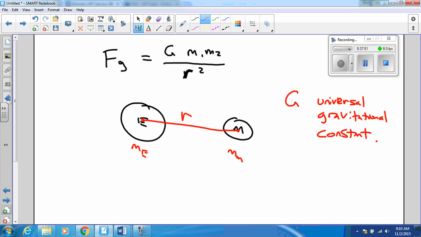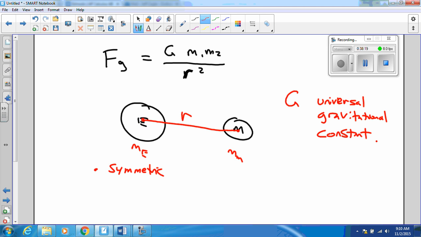Here's the interesting thing, though. Well, let me point out some things about this, and then I'll take it from there. First thing that I want you to observe about this law is that it is symmetric, because I can exchange the M2 and the M1, and I don't change the value of the force.